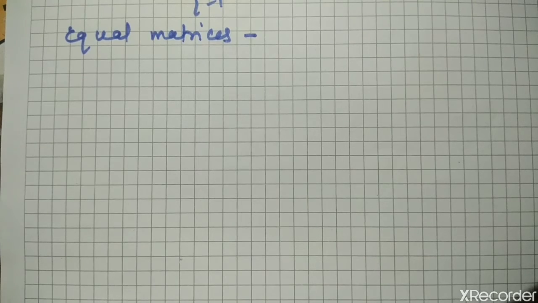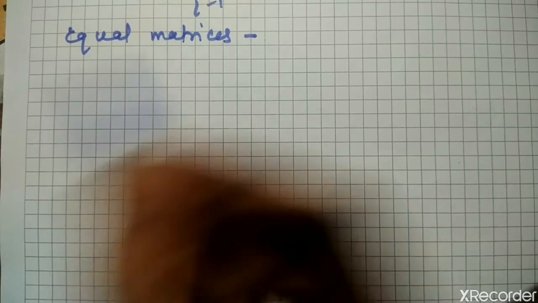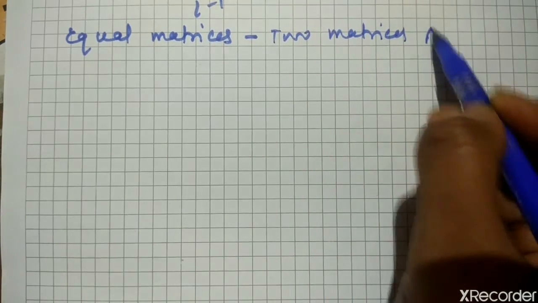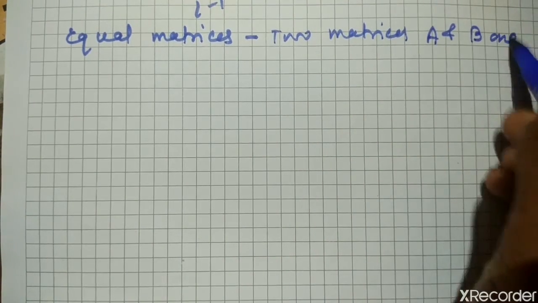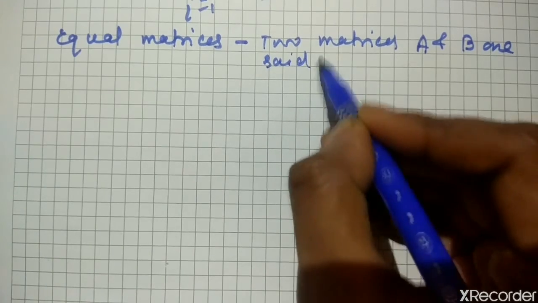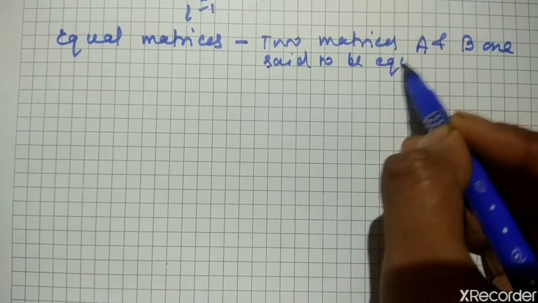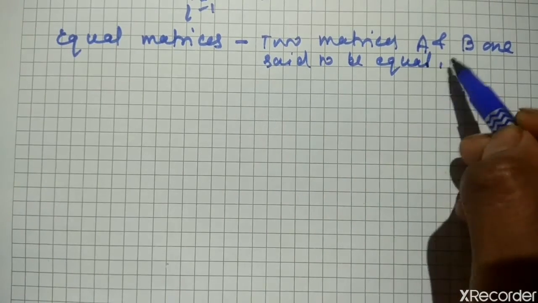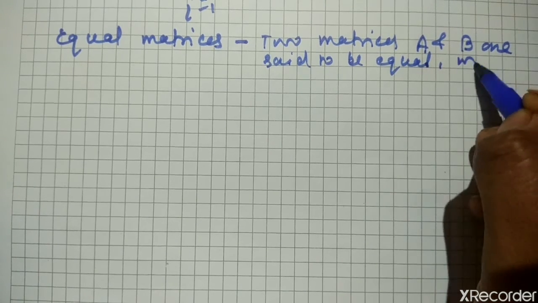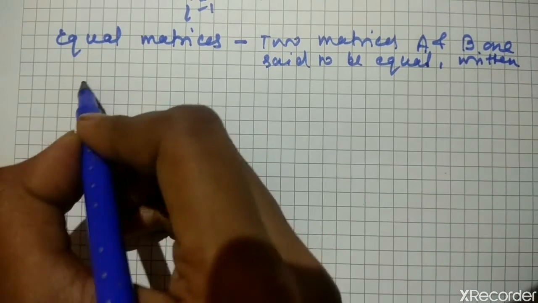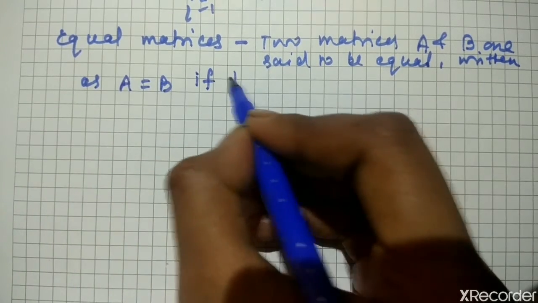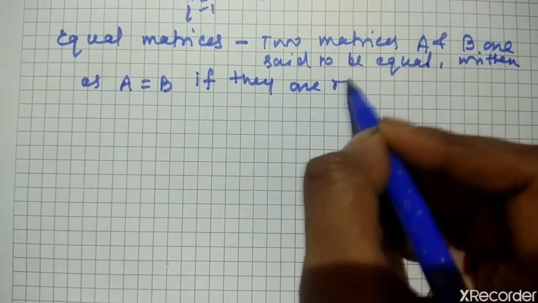For equal matrices, we again need two matrices. Two matrices A and B are said to be equal, written as A equals B, if they are of the same order.